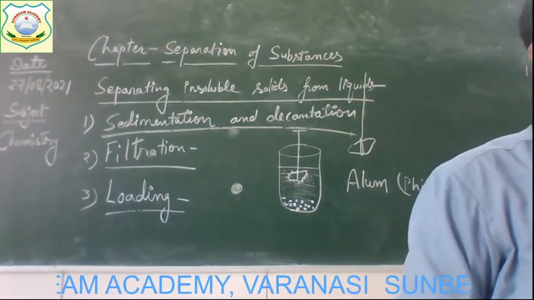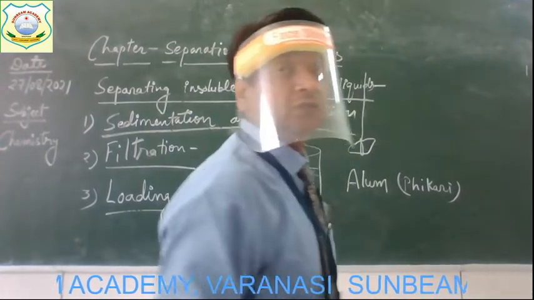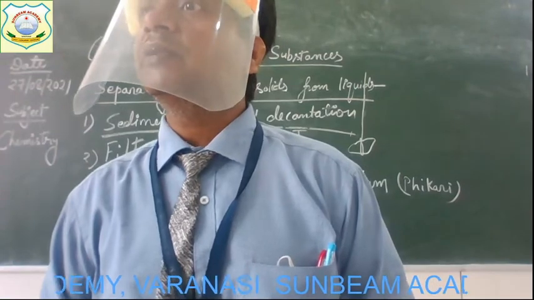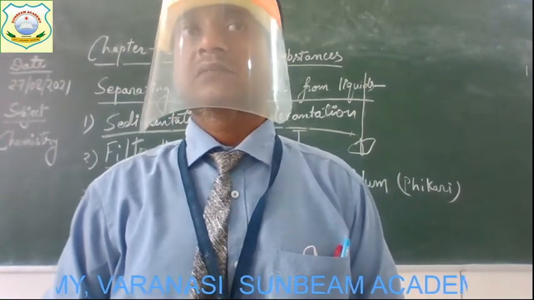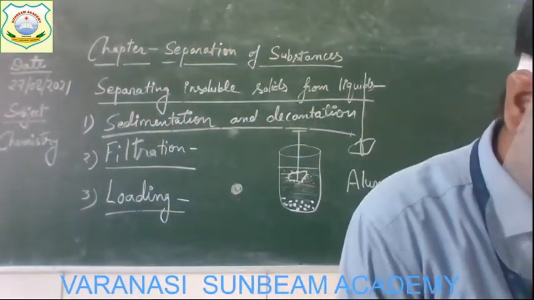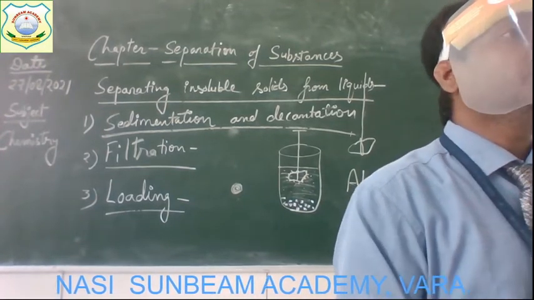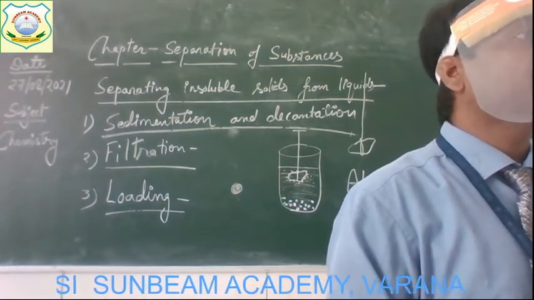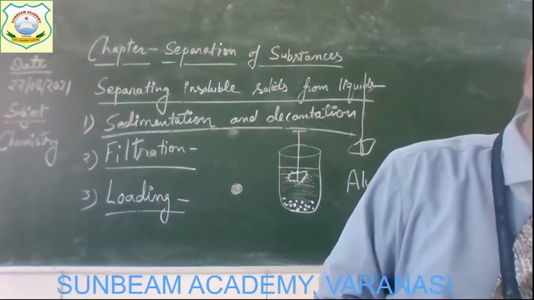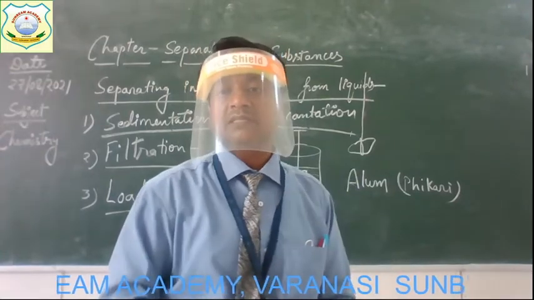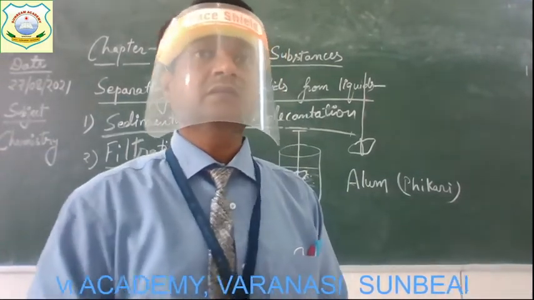That is why we can use this method to remove all the insoluble solids. These are the methods given here in your chapter to separate insoluble solids from liquid. I hope all these methods are clear to everyone.